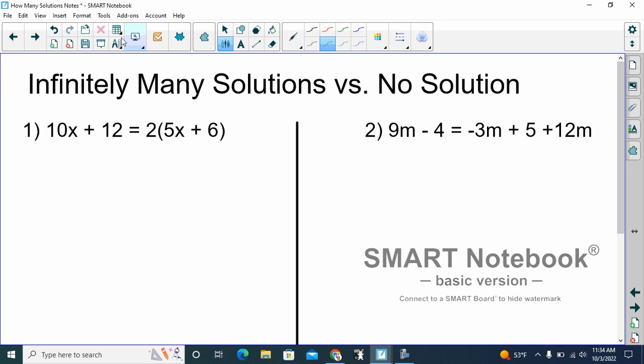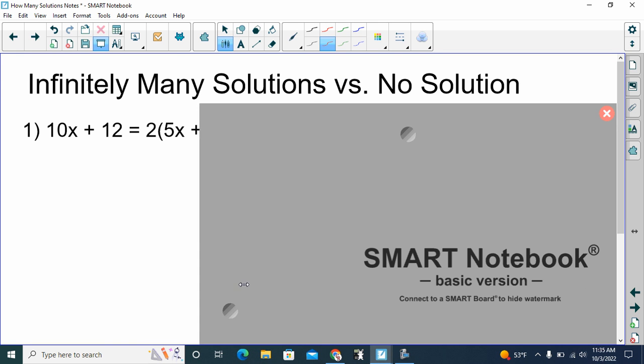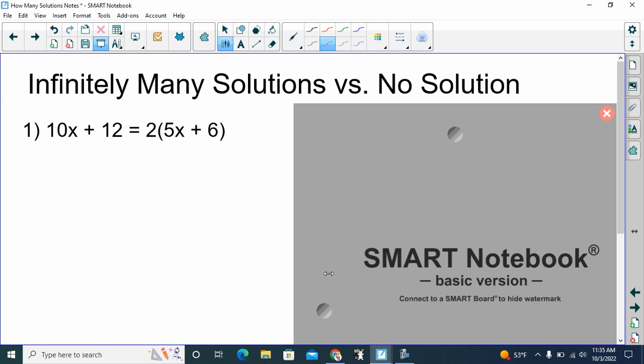Example one is going to show us when we have infinitely many solutions versus when we have no solution. So example 1, we are given an equation here, 10x plus 12 equals 2 times the quantity 5x plus 6.